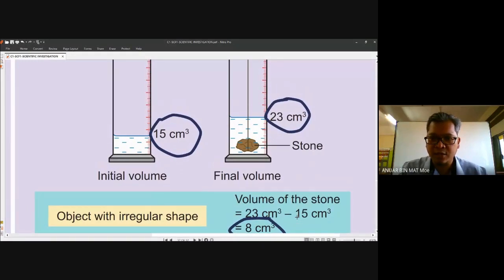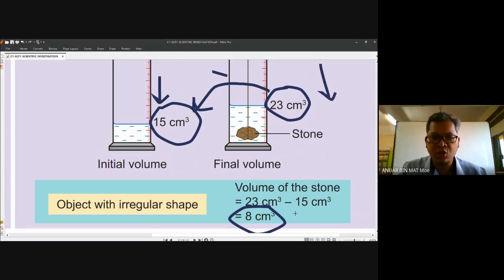The stone will displace the water, and then the water level will increase. So you just minus 23 minus 15 centimeter cubic, final measurement minus initial measurement, so you get the volume of the irregular shape.